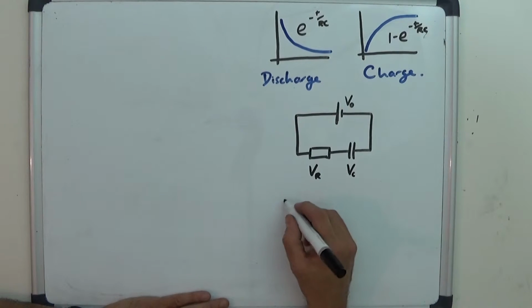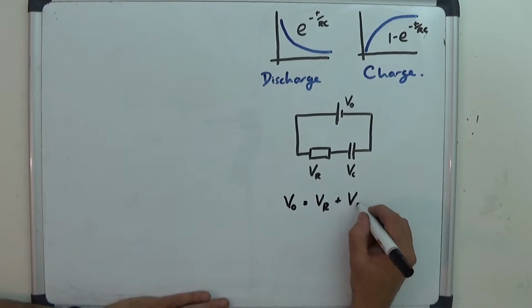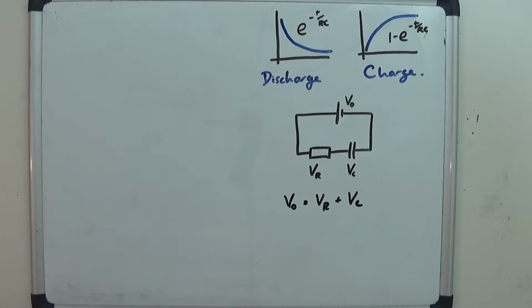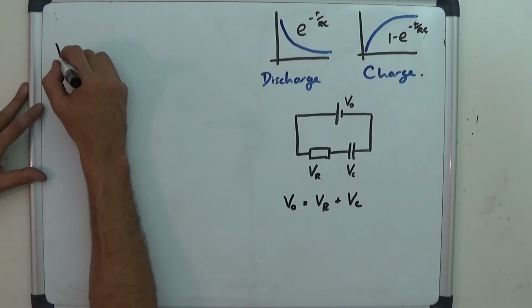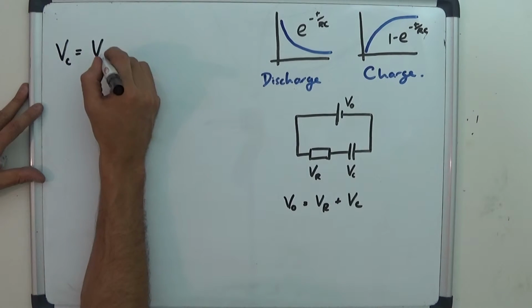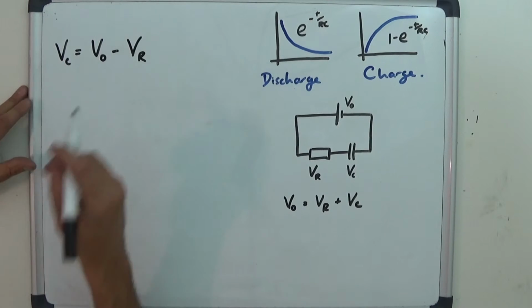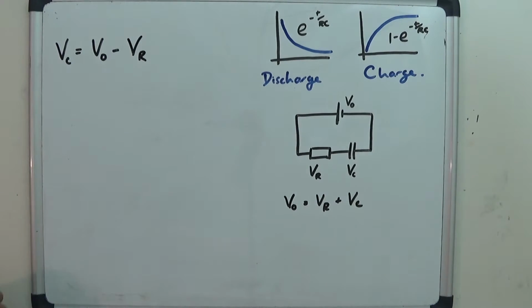And it stands to reason that V0 is going to be equal to VR plus VC. Or, more to our interest, we can say that VC, the voltage at any point, is going to be given by V0 minus VR. Okay, and that's the key thing we're going to start with.